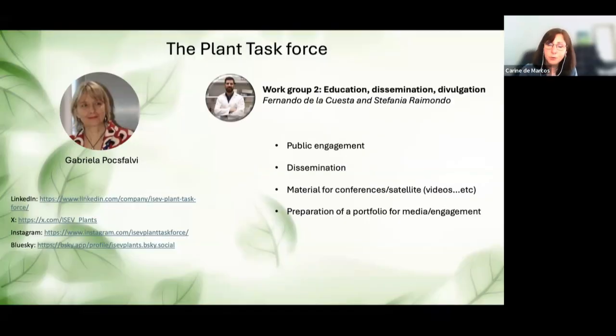So what are they doing? Working group 2 is focused on education, dissemination, and divulgation. They are working on public engagement, setting up material for conferences and satellites, on dissemination, on preparation of a portfolio, and media engagement.